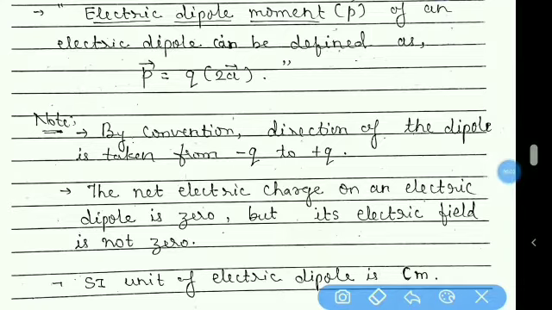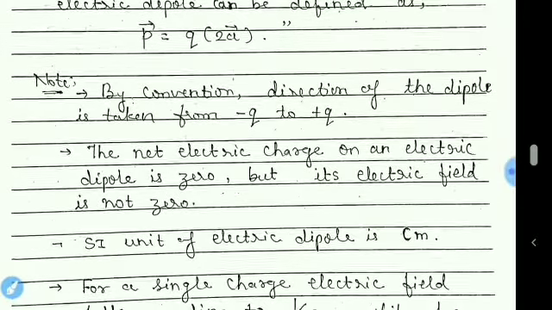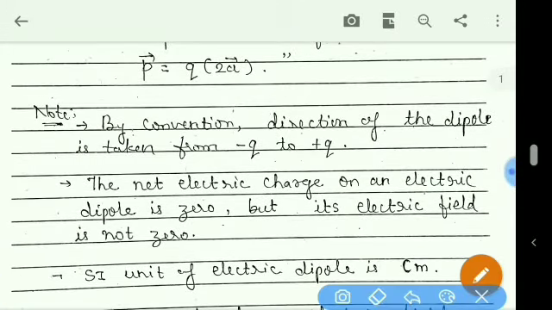So here also the formula of electric dipole moment is p is equal to q into twice of a, and we know that the unit of q is coulomb.